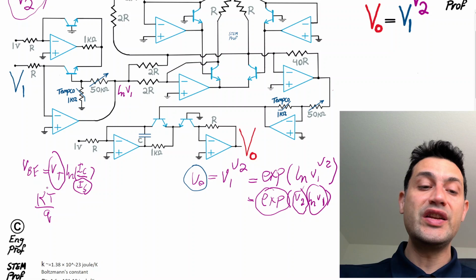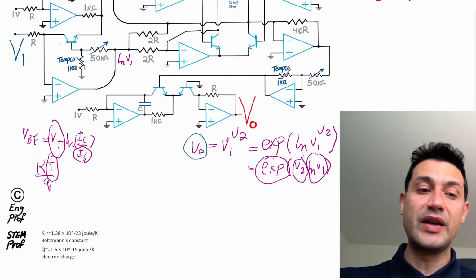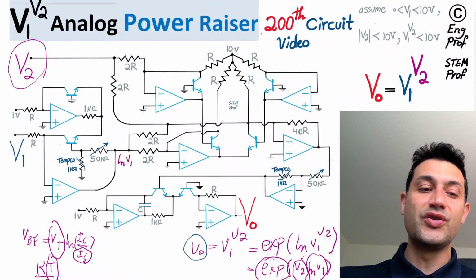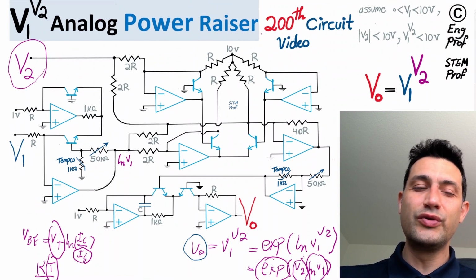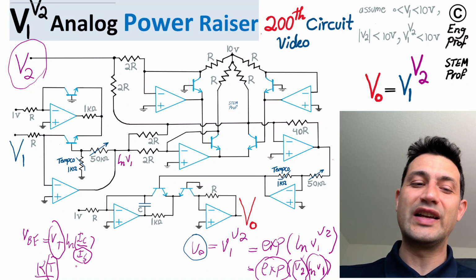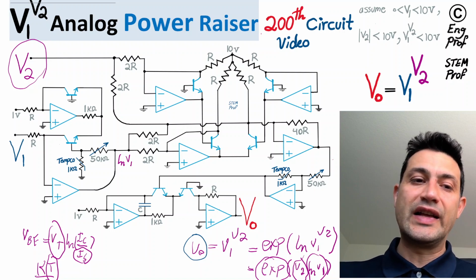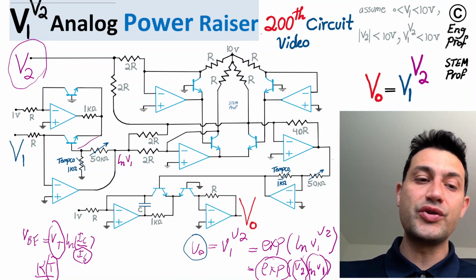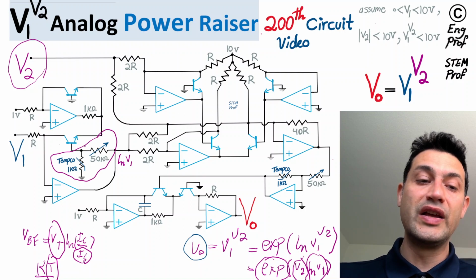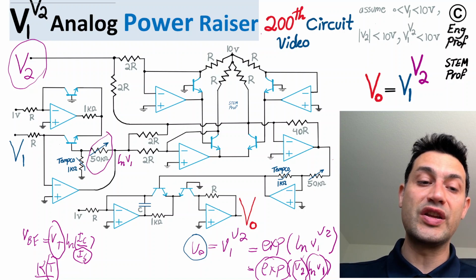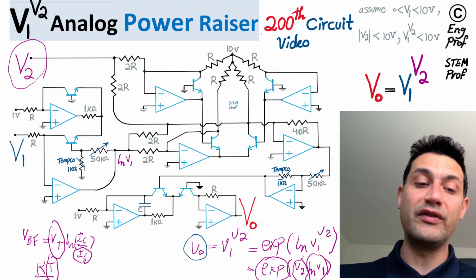It is linearly proportional to temperature in Kelvin. So we also need to, to a good extent, not perfectly, get rid of that dependency. And that's the next step that I'm going to show. It's realized by the combination of this TEMPCO and 50K potentiometer, of which I'm going to use specifically 40K out of the 50K range.